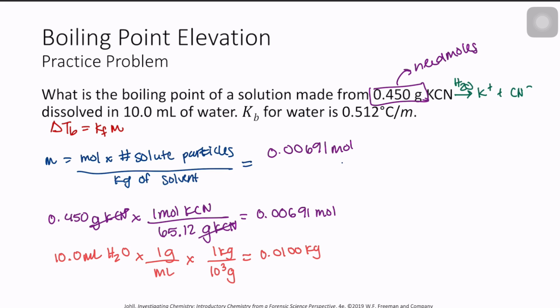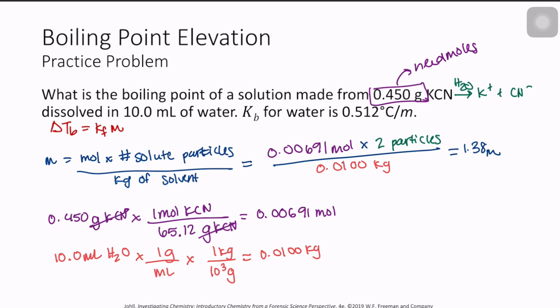So that means there are 2 particles present. And then I can take that and divide it by the kilograms of my solvent, which we calculated to be 0.01. When I plug this into my calculator, I get 1.38 molal.